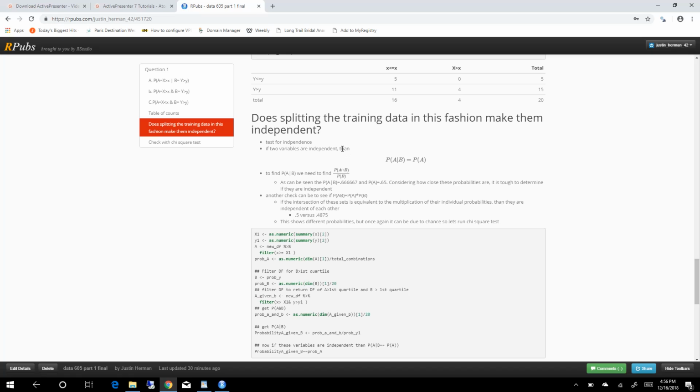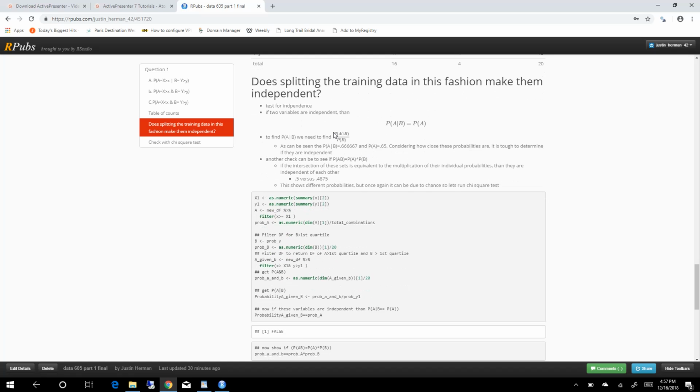To start here, we have, what is the probability A given B? To prove independence, we have to say that the probability of A given B is equal to the probability of A. In other words, once B has occurred, it should have no effect on the probability of A occurring.